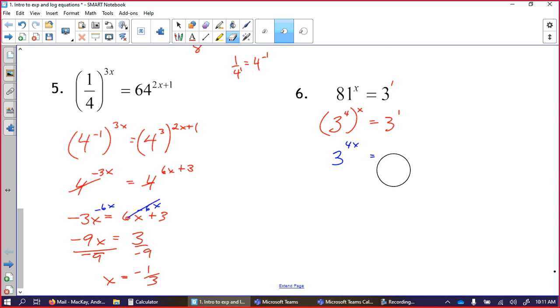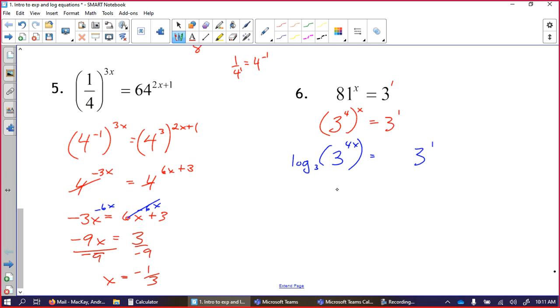What we're actually doing is logging both sides, because the inverse of an exponential is a log. Log base 3 of this, well, I can bring the 4x down: 4x equals, and I'll do the other side in a sec, 4x times log base 3 of 3.